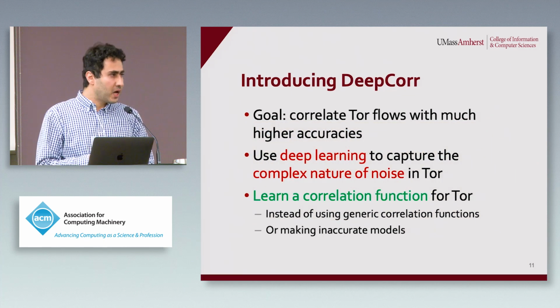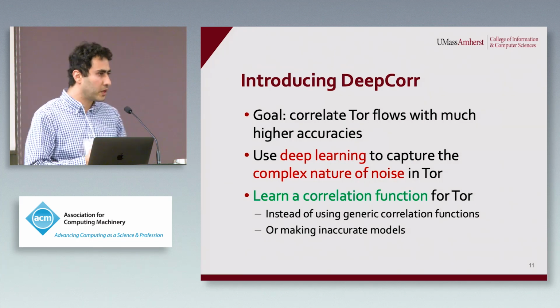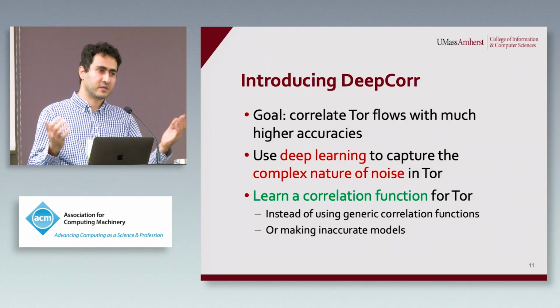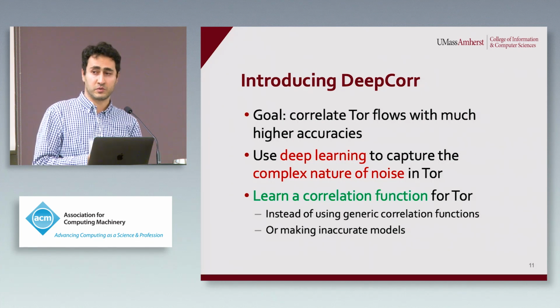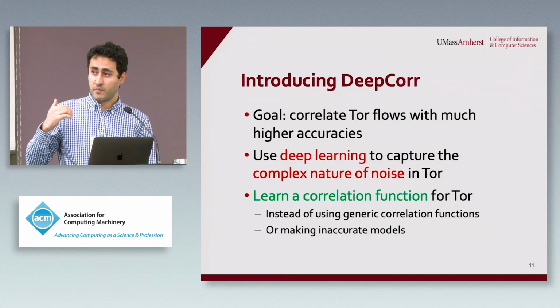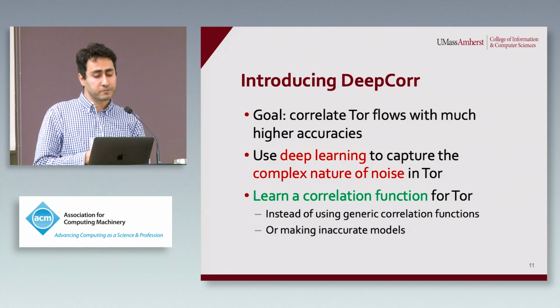Okay, and now let's talk about what we're doing in this work. In this paper, our goal is to show that despite the fact that existing flow correlation systems don't offer good performance on Tor, it's in fact possible, with the new advances in learning, to design a flow correlation system that offers accuracies much higher than previous work.